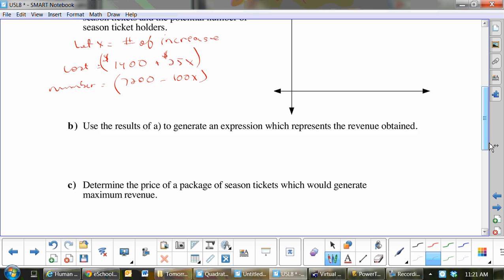So how do you talk about revenue? Well, revenue is cost of something times the number of people buying them, right? So revenue would be cost, right, times number. That's how much money is coming in. So that's 1,400 plus 25x, and then you're going to multiply that by 7,200 minus 100x.